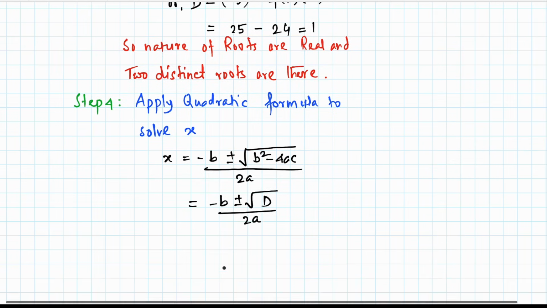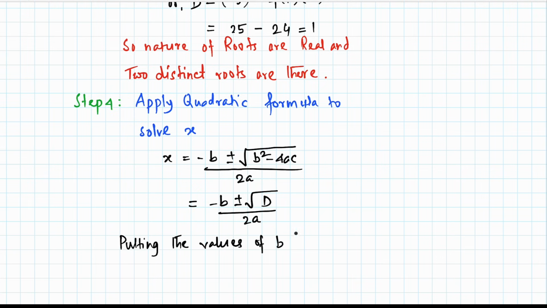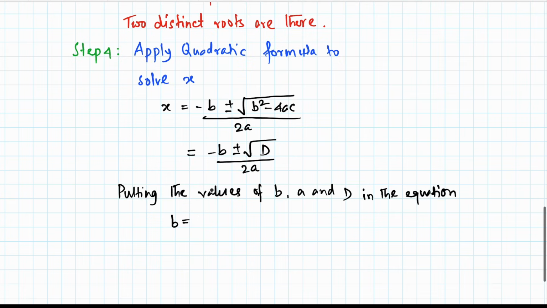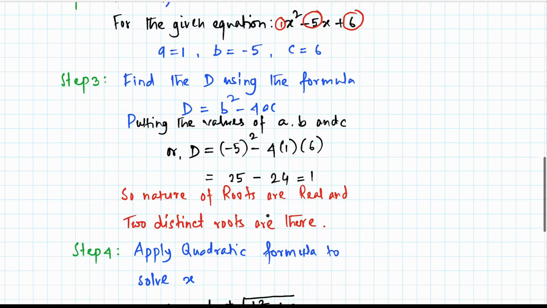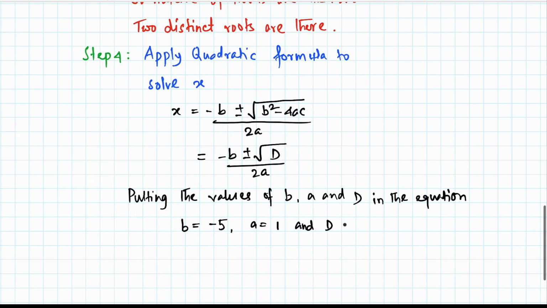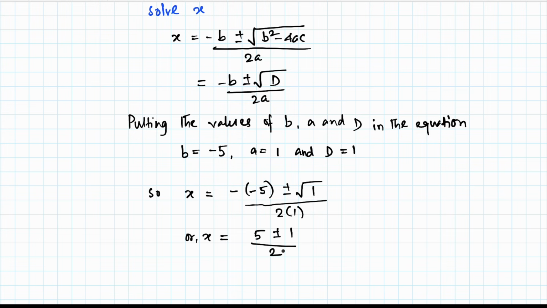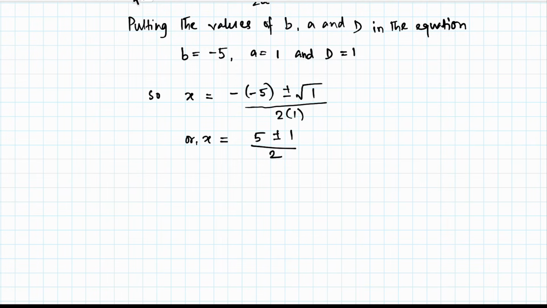So minus b plus minus root over D. We need not calculate b square minus 4ac again, since D is already calculated. Putting in the values, b is equal to minus 5, a is equal to 1 and D is equal to 1. So x is equal to minus of minus 5 plus minus root over 1, divided by 2 into 1, or x is equal to minus minus becomes plus, 5 plus minus 1, over 2.